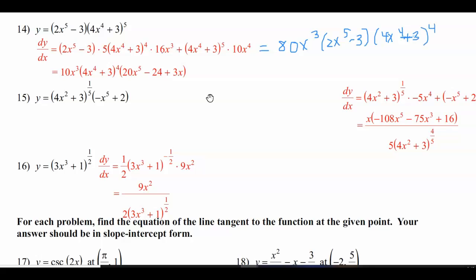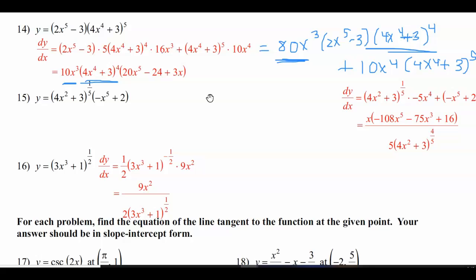They took out their GCFs, that's all. And then they simplify. So this is a GCF with the second part, so that's why it's brought in front. And then they took pieces of this as a GCF. 10x to the 4th, 4x to the 4th, 3 to the 5th.